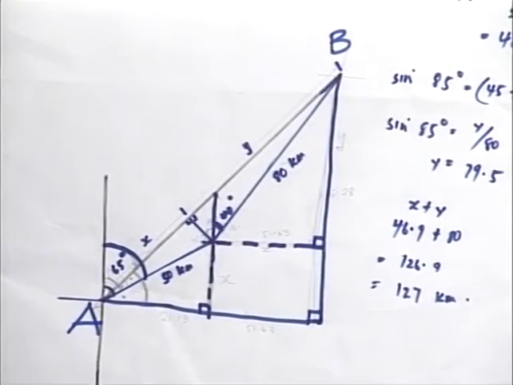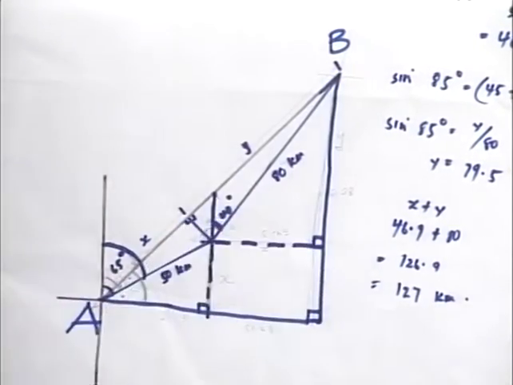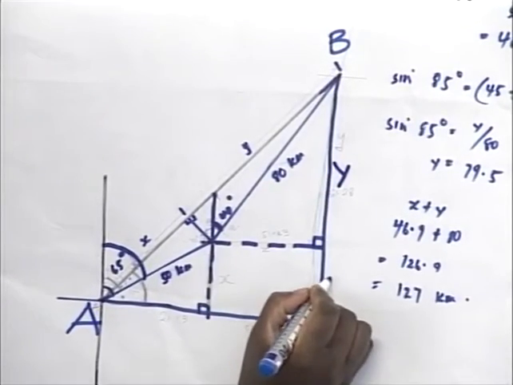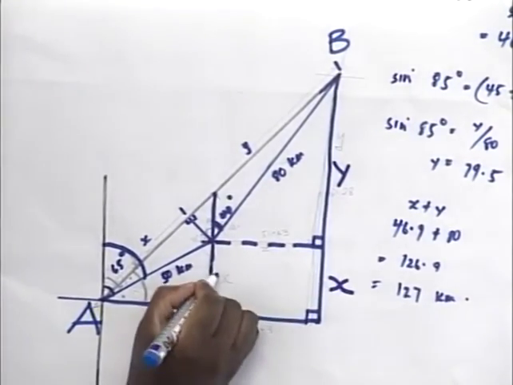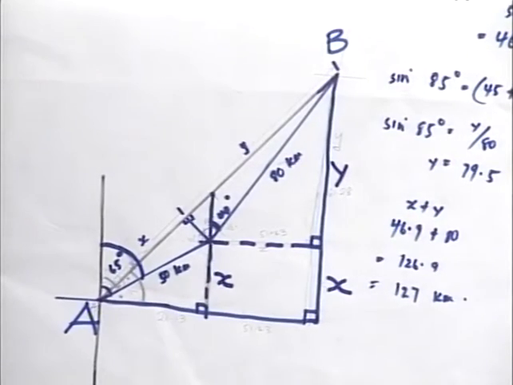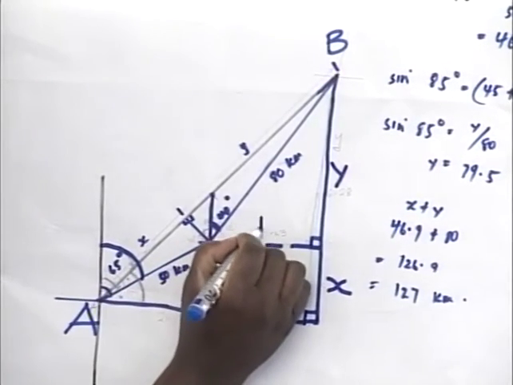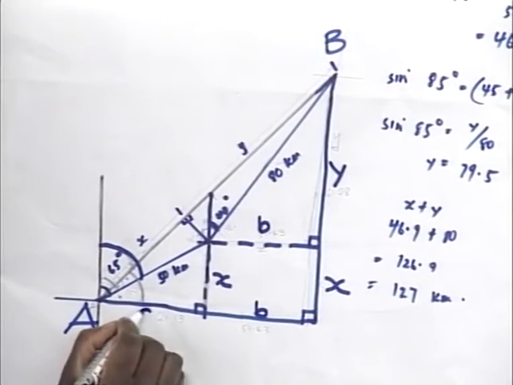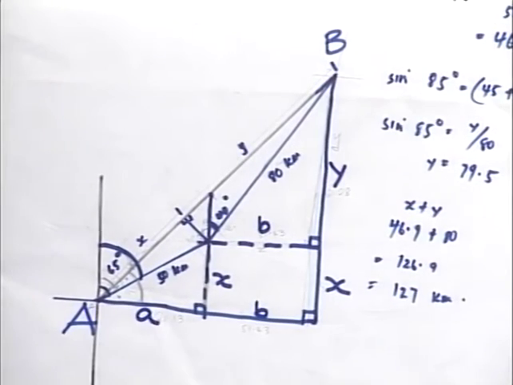Okay, to find this length, which I will call y, and this length, which I will call x, this is also x. And if I can call this distance b, this one is also b, and I will call this one a.